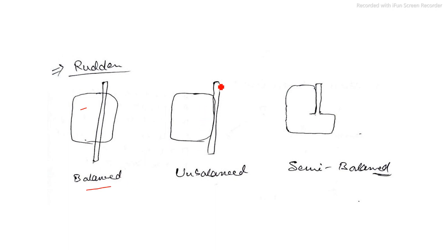If the rudder stock is on one side and the rudder is completely on the other side, then that will be unbalanced. And if it is a mixture, where for half the portion we see the rudder one way and in the next half we see the full case, that will be semi-balanced, a mixture of balanced and unbalanced.